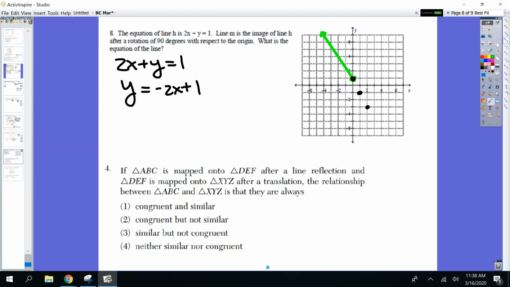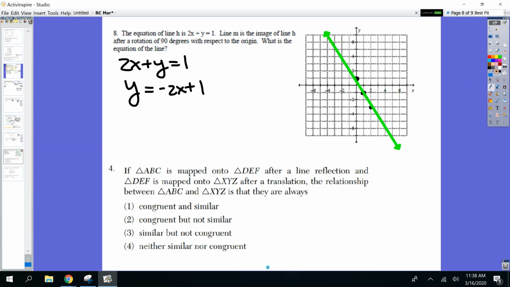So you guys are going to be rotating that line 90 degrees. And remember, it's positive 90, so we rotate in a counterclockwise direction. So right now take a hold of your paper, rotate it to the left a quarter turn, and take a look at that new line for me. We need to come up with the equation of that new line. I think the easiest way is slope and y-intercept like we've always done in class.